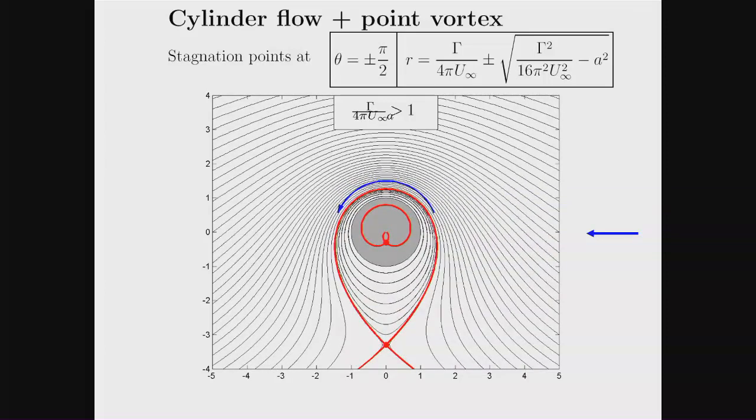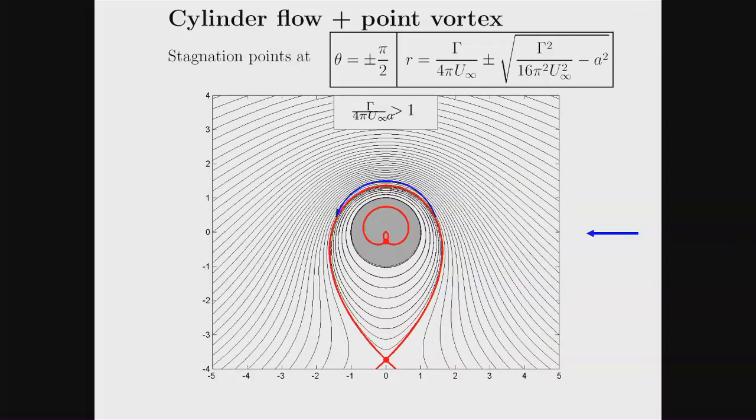The flow field looks something like this as I increase that parameter to be greater than 1. You can see that my stagnation point has moved quite a far bit from my cylinder.